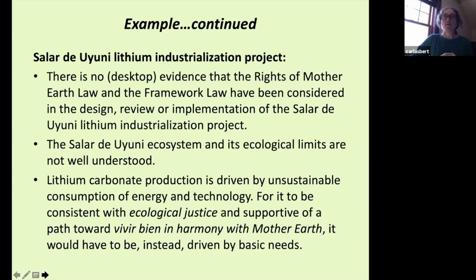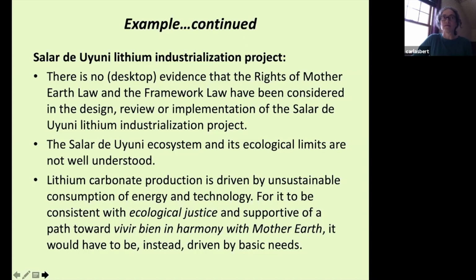But from what I had, I was able to access the reports from the state company that leads these mining projects. There is no mention of the rights of Mother Earth or the framework law. There's no evidence that these have been considered in defining and implementing and reviewing the project.